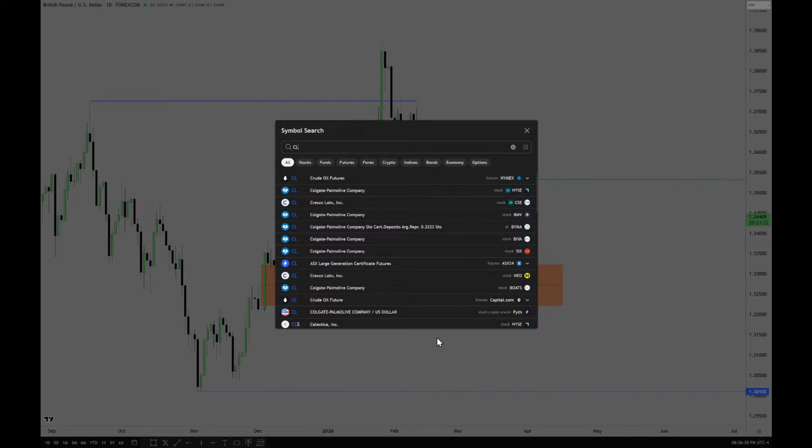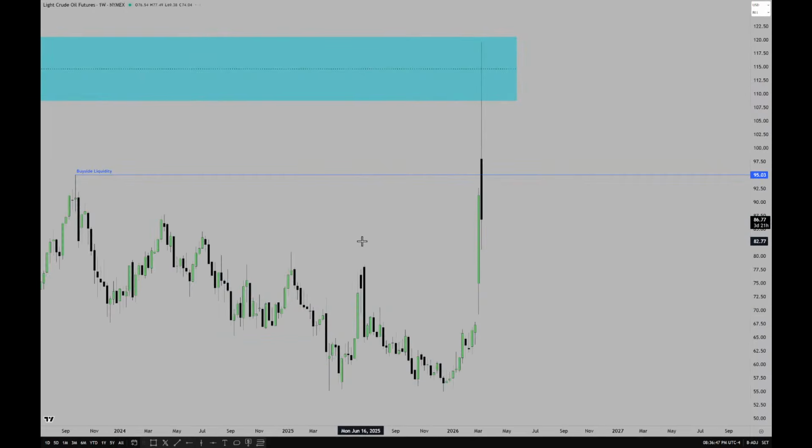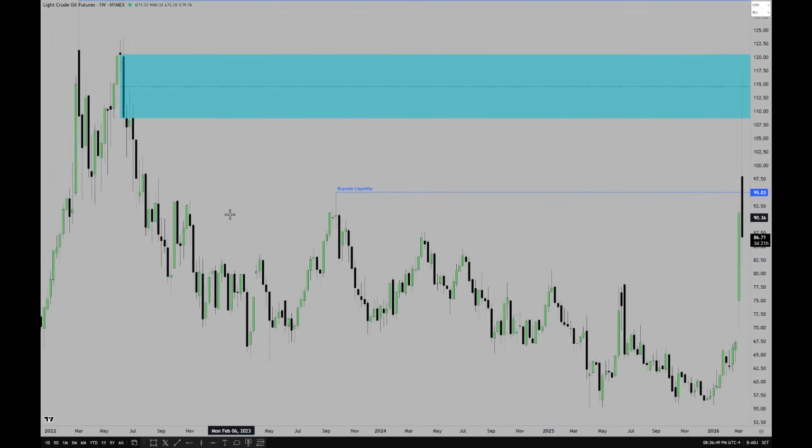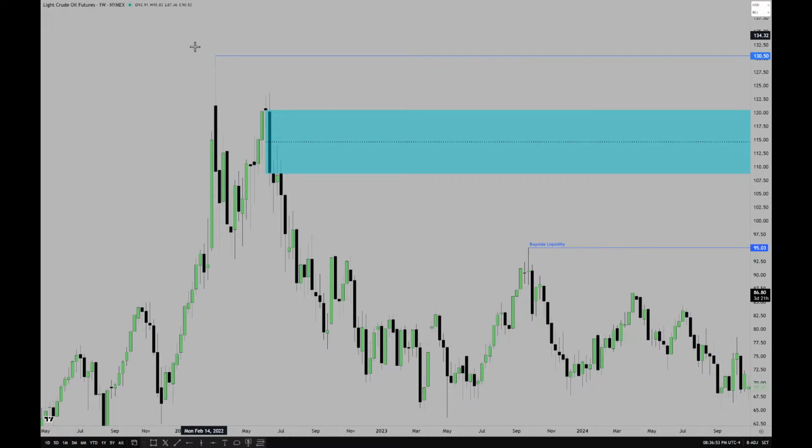Crude oil. Okay, on the daily chart, I'm going to go back to the weekly chart because I gave you that inefficiency over here. I mentioned that this is obviously the macro draw, but I told you to watch this one. Okay, this is important.